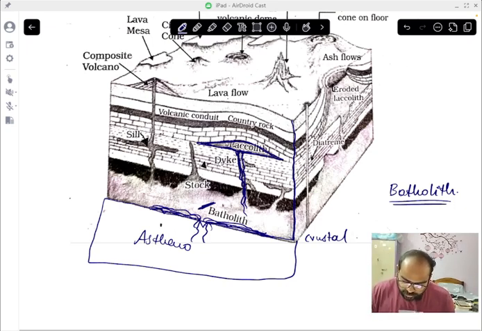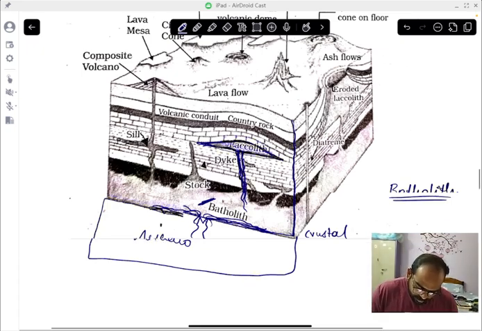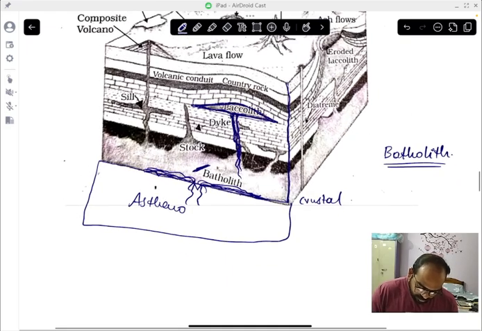So laccoliths are large massive bodies of magma inside the earth which are associated with a strong base and a conduit. And sometimes what happens, the magma travels in a straight manner, and this is the crustal portion, right?